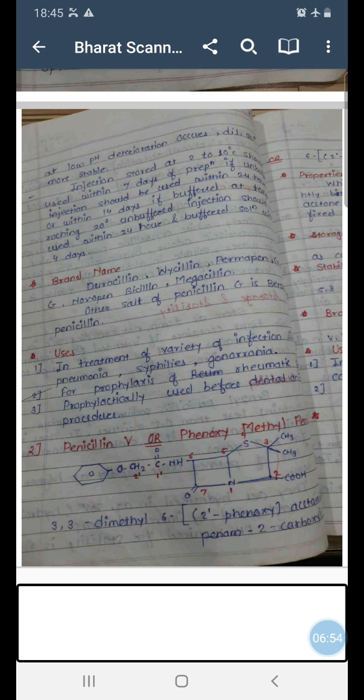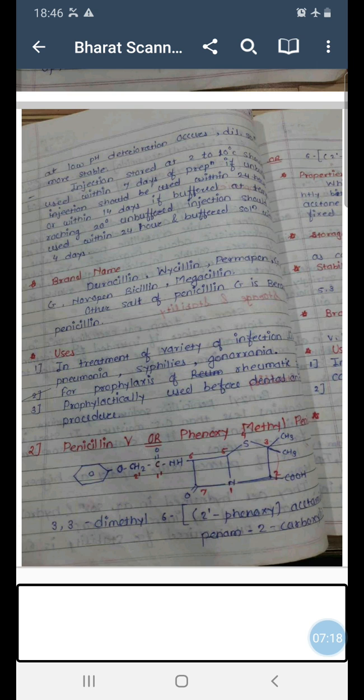Acetamido is the primary substituent and phenoxy is your secondary substituent. That's why you have made two brackets, one square bracket and one curve bracket. So 6 hyphen square bracket, then curve bracket, inside the curve bracket 2 dash hyphen phenoxy, bracket close, acetamido, that is the primary substituent, square bracket close, and then penum-2-carboxylic acid.